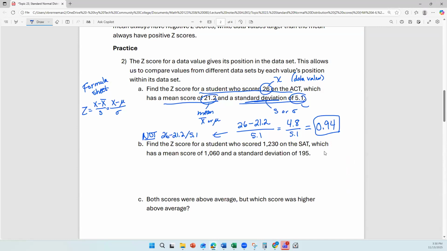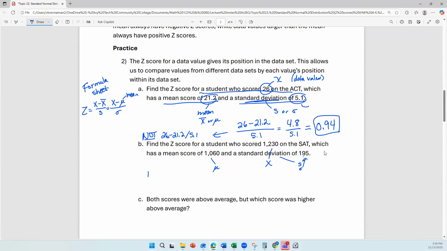Then find the z-score for a student who scored 1230 on the SAT. That's my x, which has a mean score of 1060. That's my mu, mean. You can see kind of an M there, so that's probably easier to remember to know that that's the mean. And a standard deviation of 195. So that's my s or sigma.